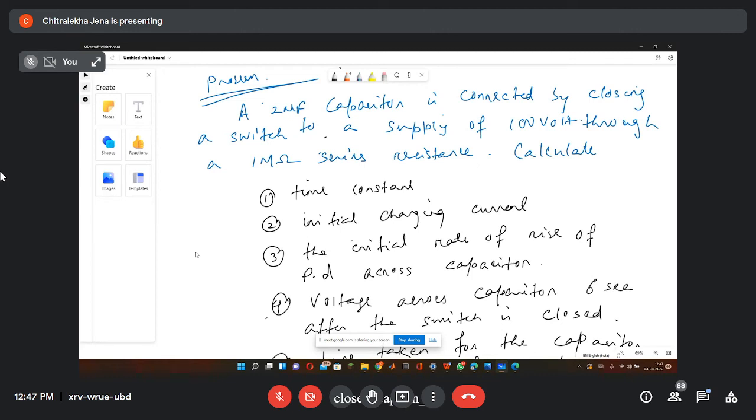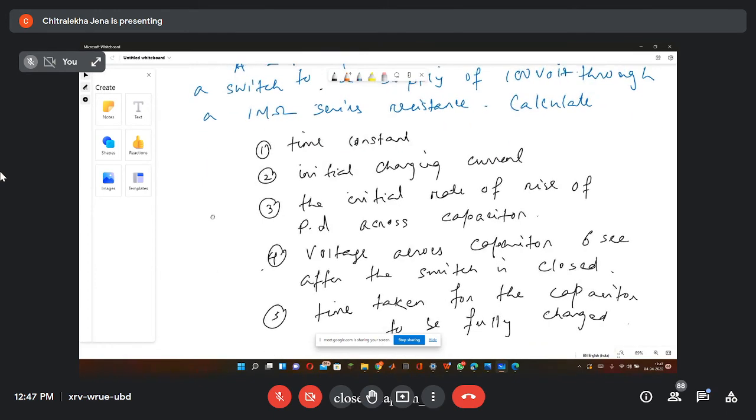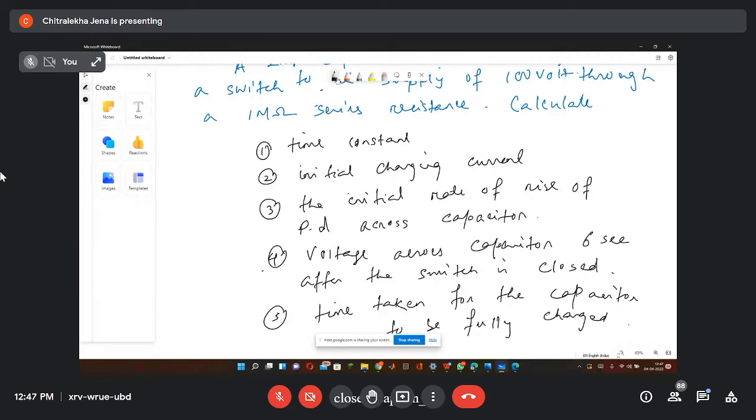Any capacitor you take. I am not asking for this particular question. You know it or not? Tell me.